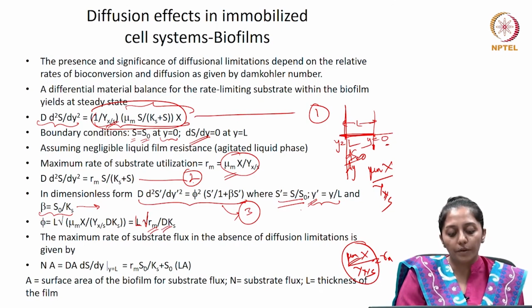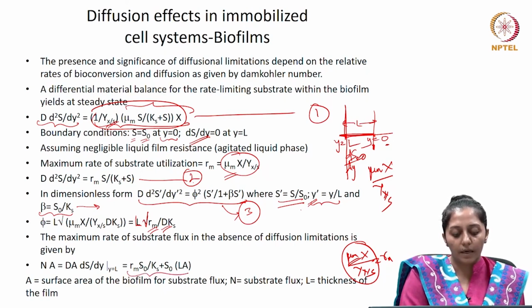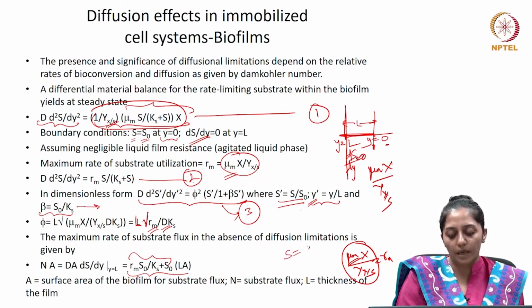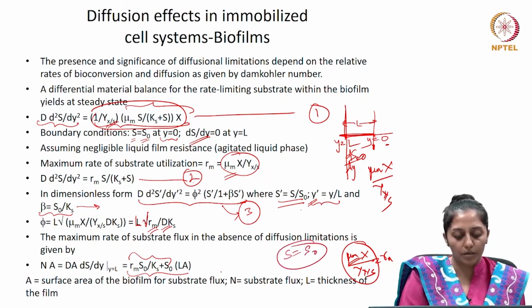So, if there are no diffusional limitations, then your reaction rate is governed by Michaelis-Menten kinetics, and your mass transfer rate is very fast. So, your overall reaction rate will be governed by the Michaelis-Menten kinetics given as Rm S naught by Ks plus S naught shown in the RHS, because now your S in the Michaelis-Menten kinetics becomes equal to the bulk substrate concentration.